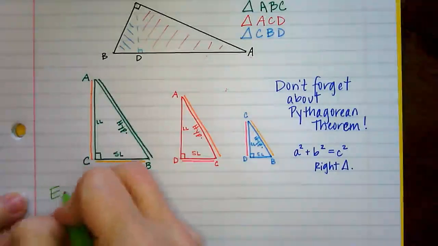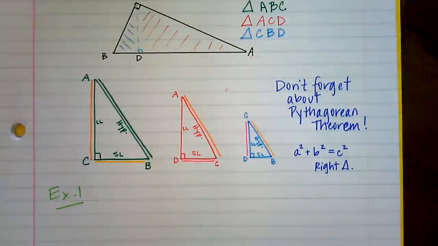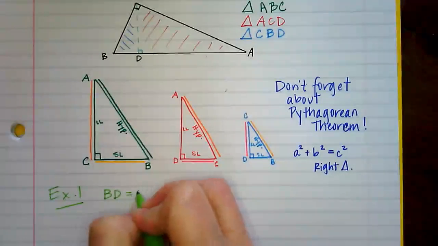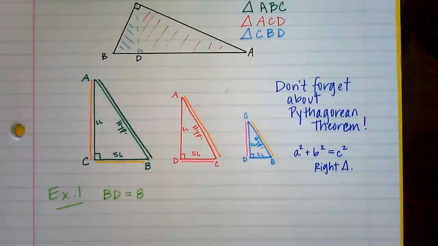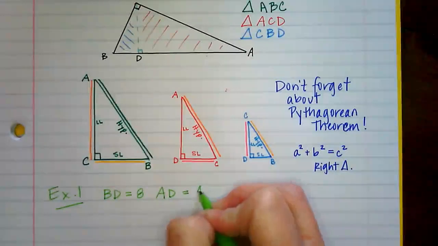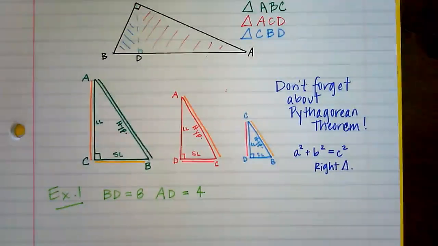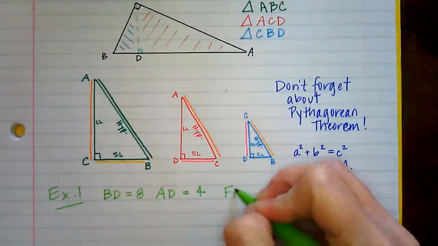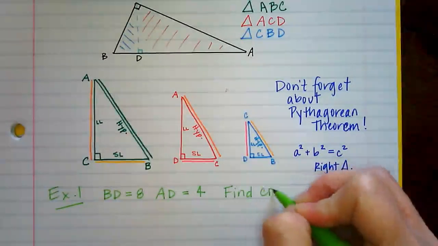All right, I'll show you why, just to keep from rewriting everything. So here we go, example 1. Let's say that BD is 8, and let's say that AD is 4. So let's find CD.